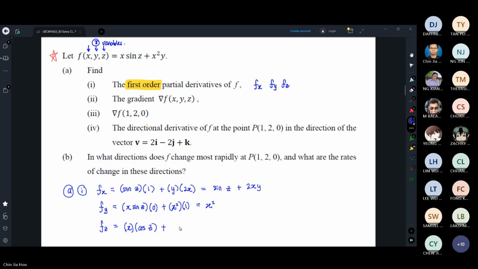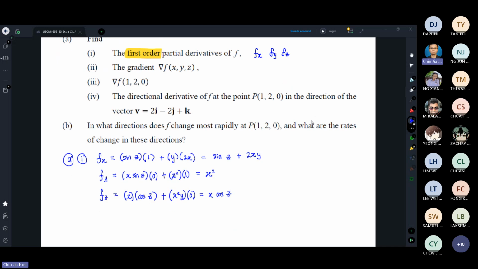Plus, the second term, we do not have any z, so we multiply with 0 for the constant. So finally we get x cos z. Okay, that covers the first order partial derivatives.